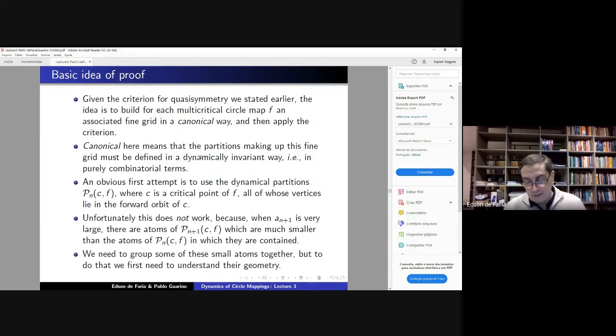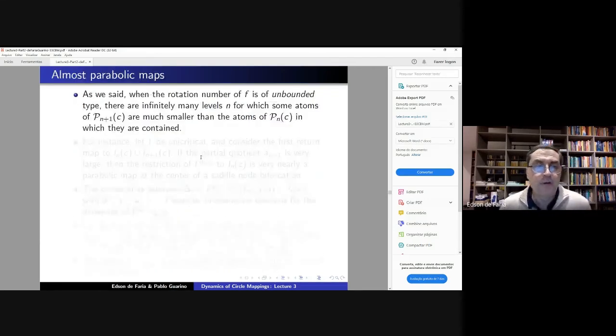So if you're going to use the P_n at all, you have to group the small atoms that you see in the partitions P_n together. But to do that, you need to understand the geometry of these guys.